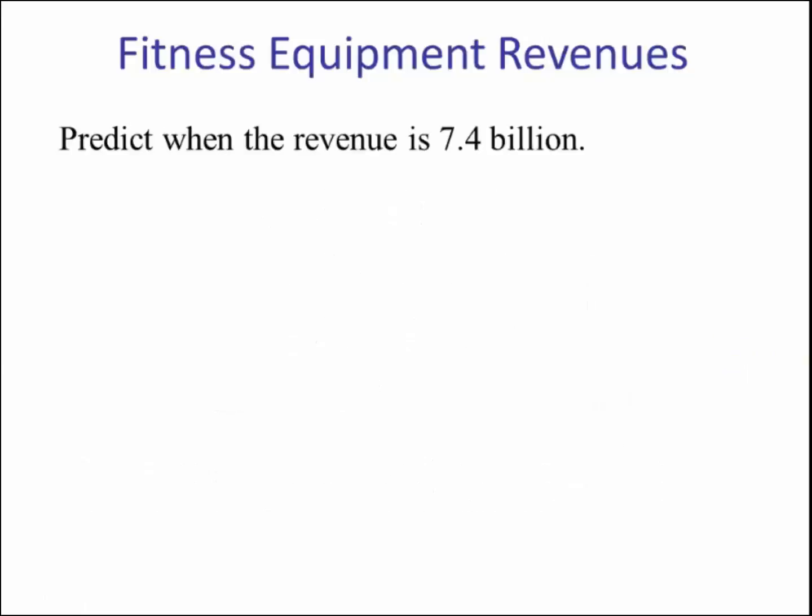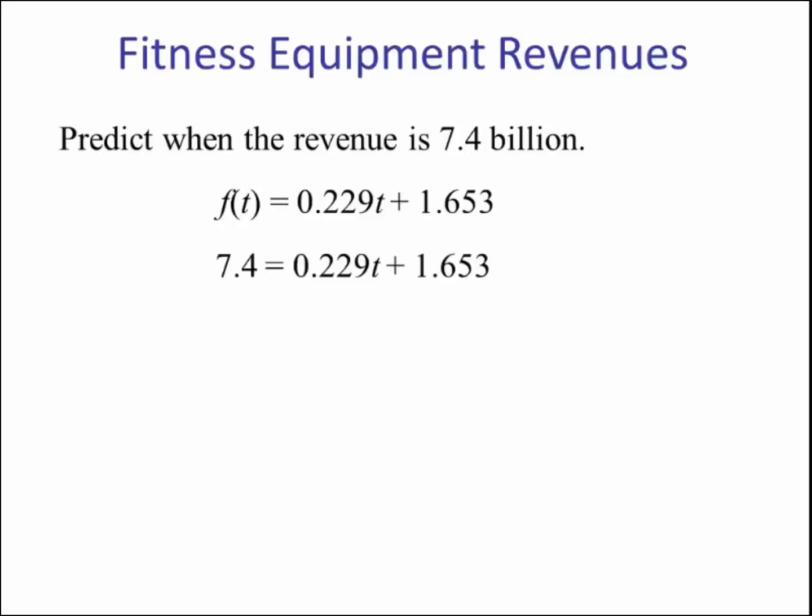Next, predict when the revenue is $7.4 billion. So we begin with our equation. This time we know F of T is 7.4 billion, and we want to solve for T. We have 7.4 equals 0.229t plus 1.653.